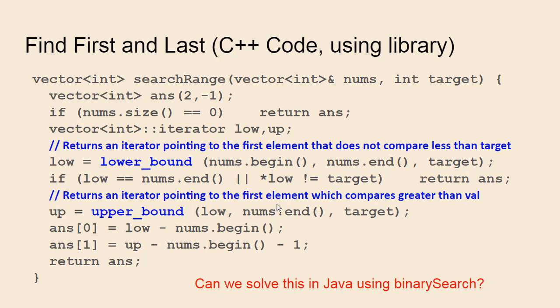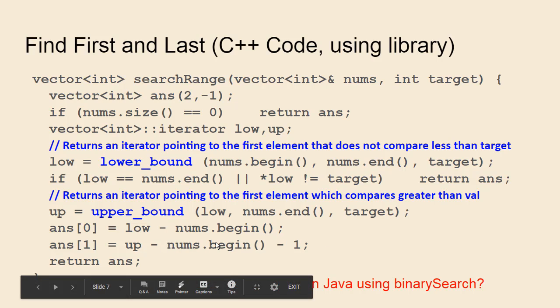When this returns, we know up is the first element that's greater than val. So the one before it has to be less than or equal to the target. So that must be the last element that's equal to target.